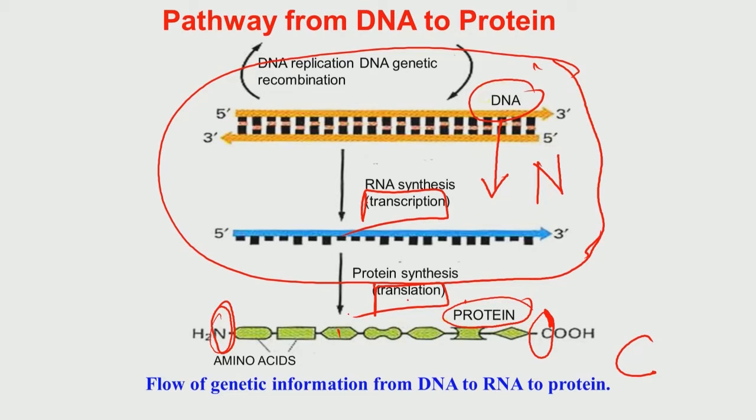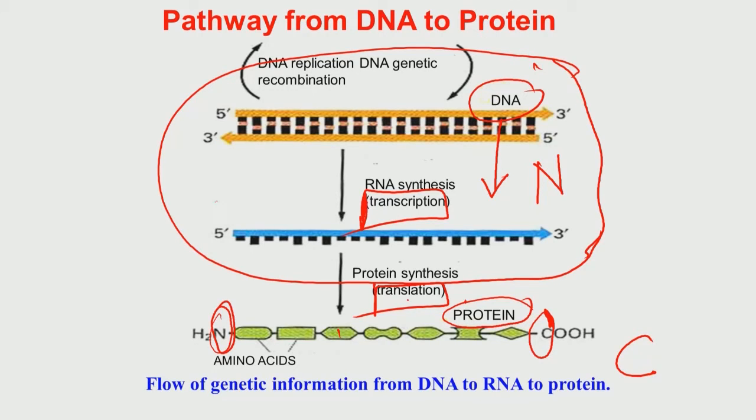At the early stage, people used to think that this transcription and translation process is a one way process. So, once DNA comes to RNA, RNA cannot go back to DNA.